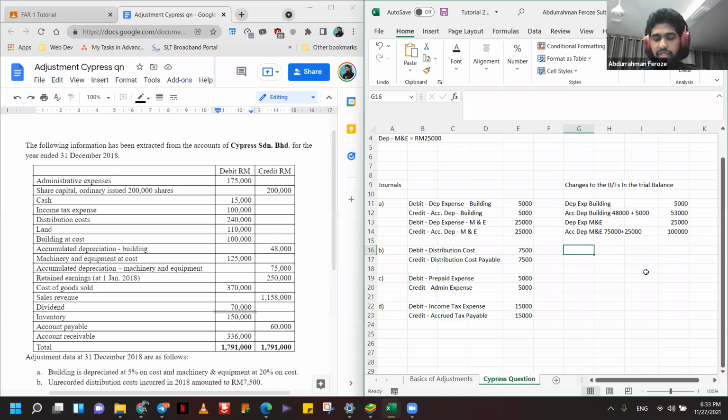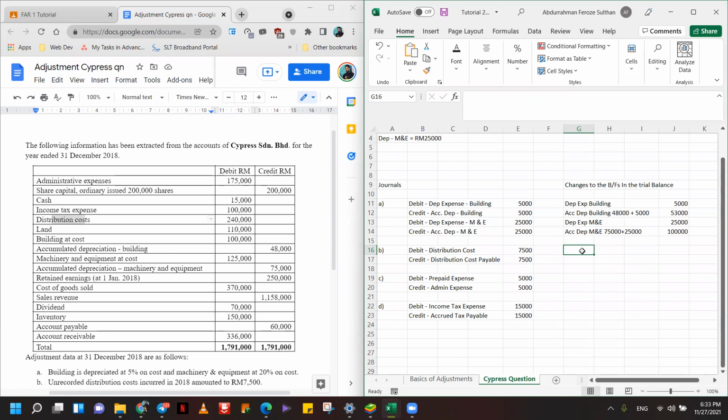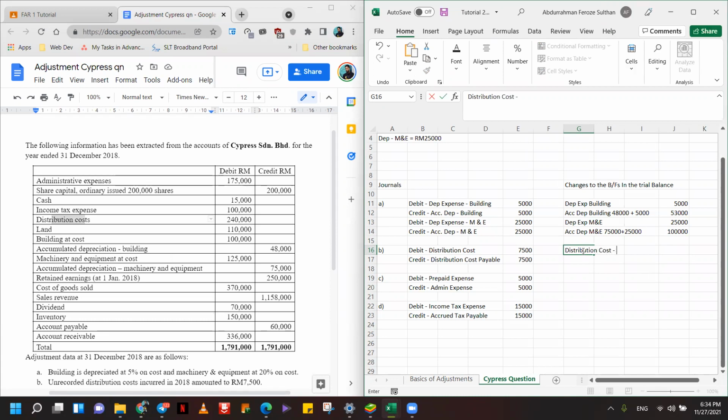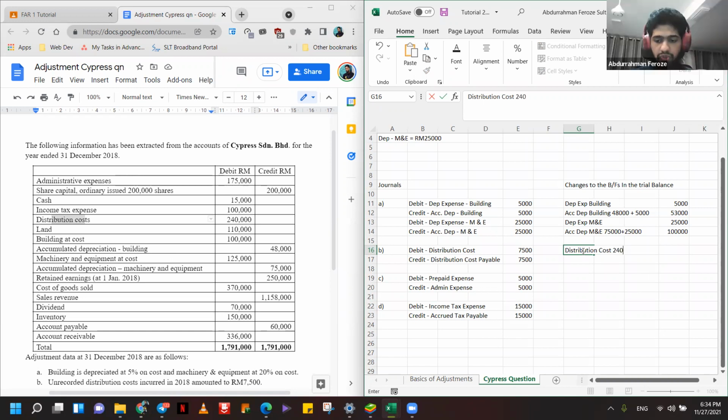What needs to be changed for journal B? Yeah, for the second transaction. There's already distribution costs here. So what should we put here? Yes, distribution costs will be 240,000 plus 7,500, so 247,500.